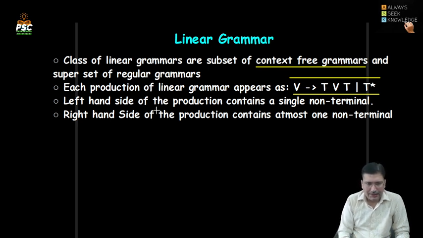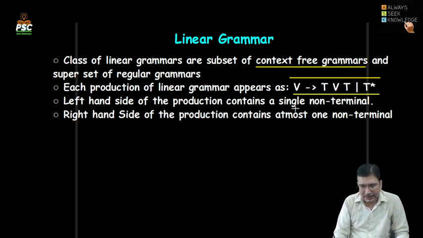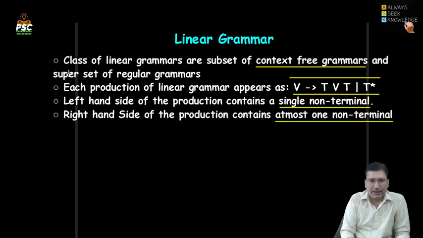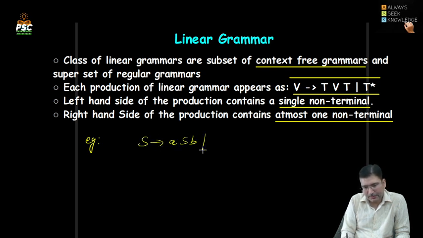The left hand side of the production rule contains a single non-terminal, please remember that, and the right hand side contains at most one non-terminal, so there can be 0 or 1 non-terminal. If I take an example, S derives A S B or null.